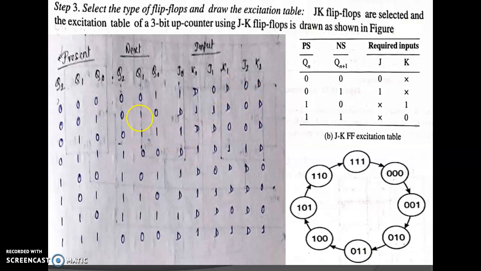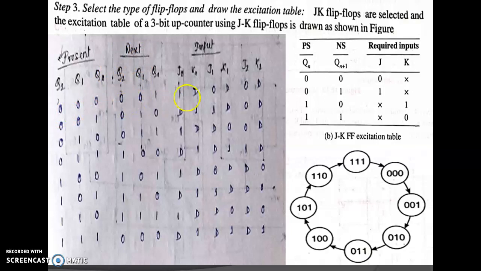Next is J2 K2. When we find the excitation table of the J2 K2 flip-flop, we need to work on the present state Q2 value and next state Q2 value. So present state Q2 value is 0. Next state Q2 value is also 0.